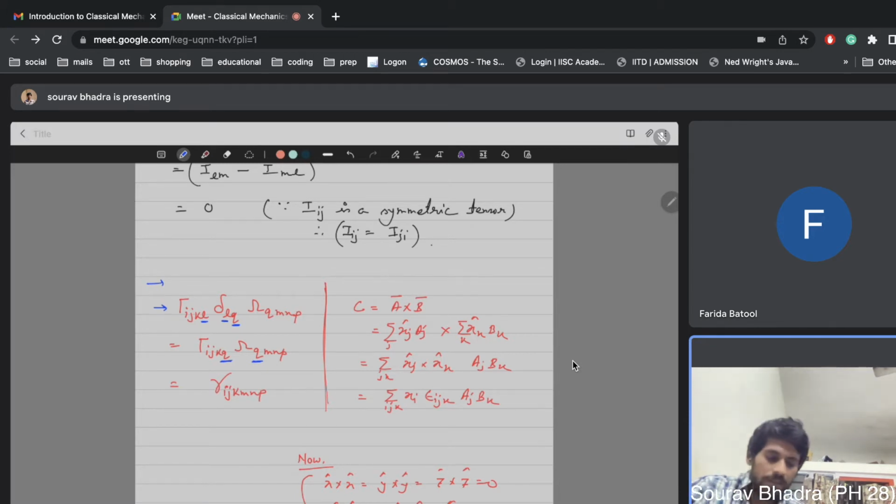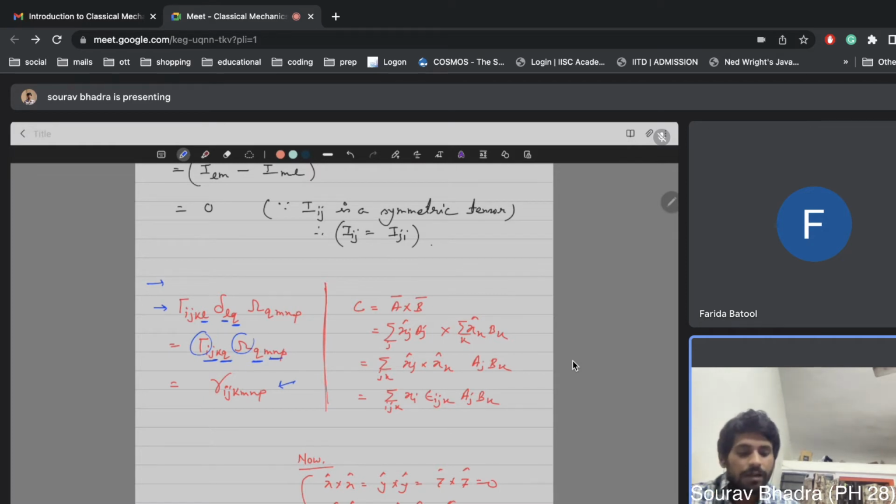I have denoted it by this gamma which is the combination of these two things, and you should focus on the indices. So your q has been summed over, so there will not be any q, just ijk from the first quantity and mnp from the second quantity. So you can see there is gamma ijkmnp in the last line.